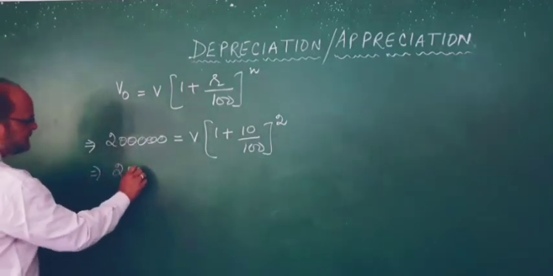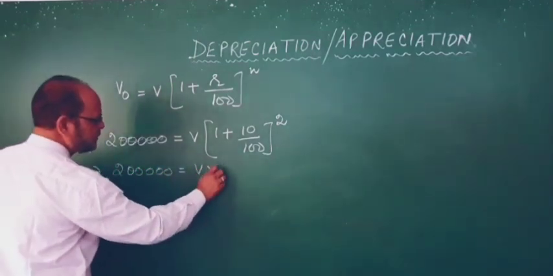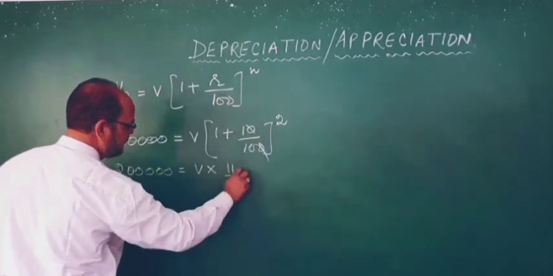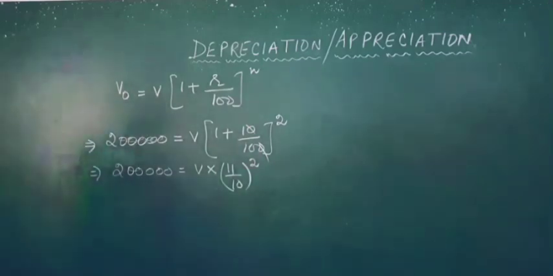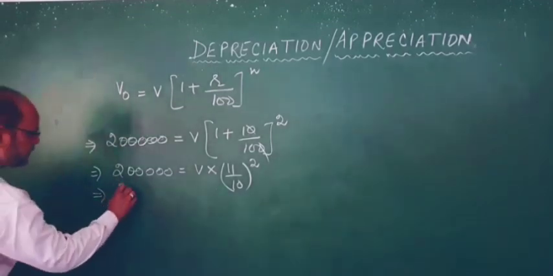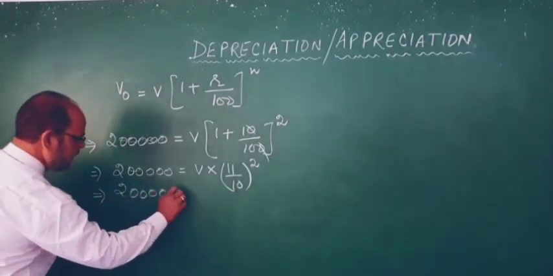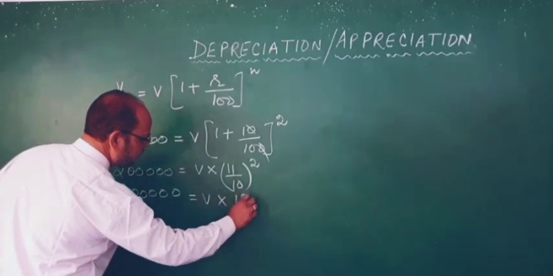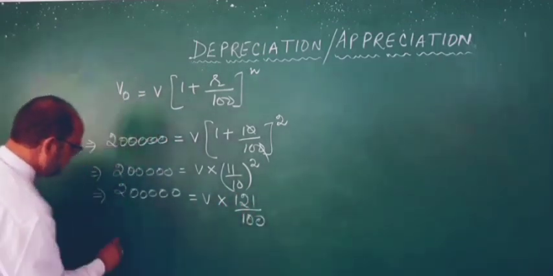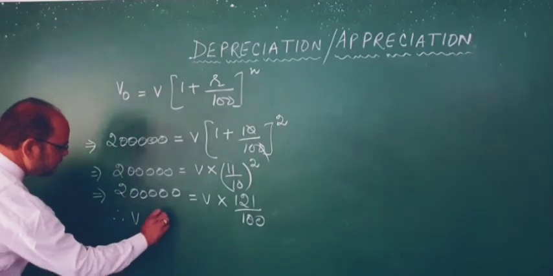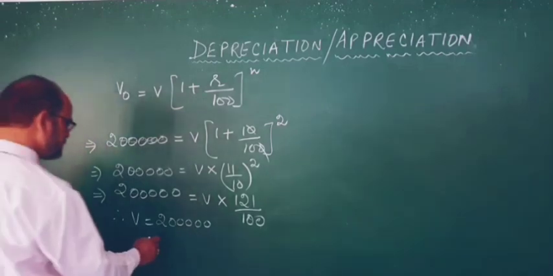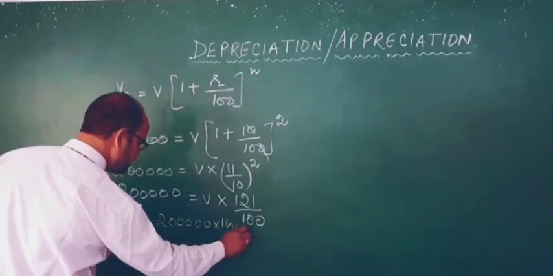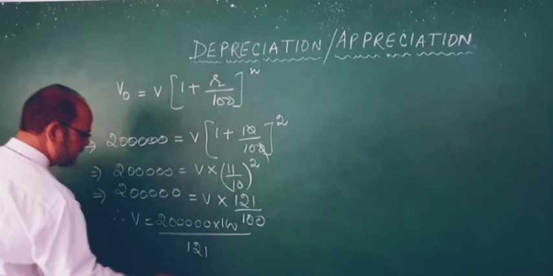So it is 2 lakhs, V into, again it will give you 11 upon 10. Okay, now it is 2 lakh equals V into 121 upon 100. Therefore, V equals 2 lakh into 100 upon 121.